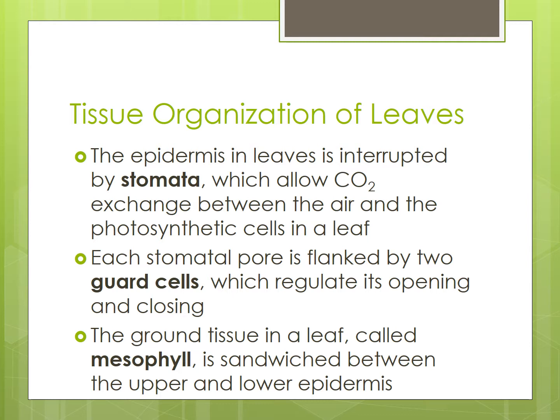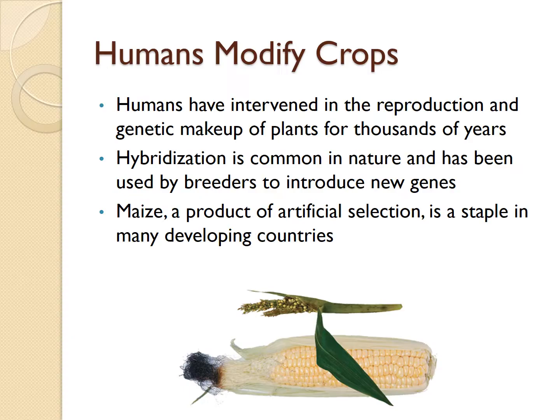And we've talked about before that when this guard cell is turgid, the stomata is open, and when it becomes flaccid, then the guard cells actually lose their rigidity, which causes them to lay flat, which closes the stomata. And then the main flesh of the leaf is called the mesophyll, which is sandwiched between the upper and lower epidermis.